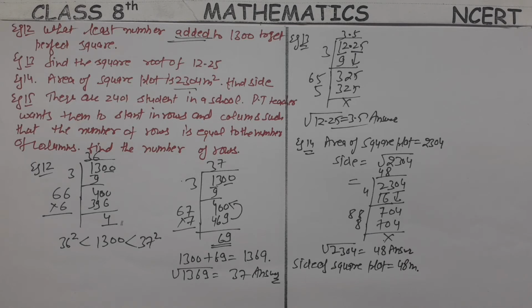Next is example number 15. There are 2401 students in a school. The PT teacher wants them to stand in rows and columns such that the number of rows is equal to the number of columns. Find the number of rows.